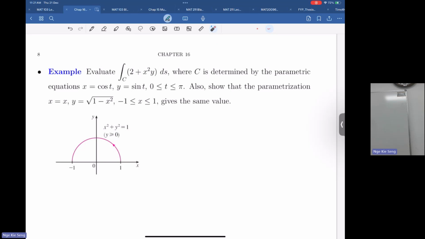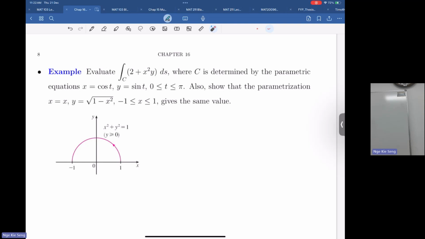You can describe this semicircle in 2 ways. One, you use cos t, sin t, where t goes from 0 to pi. The other one, you can use the circle equation, where x is going from -1 to 1.